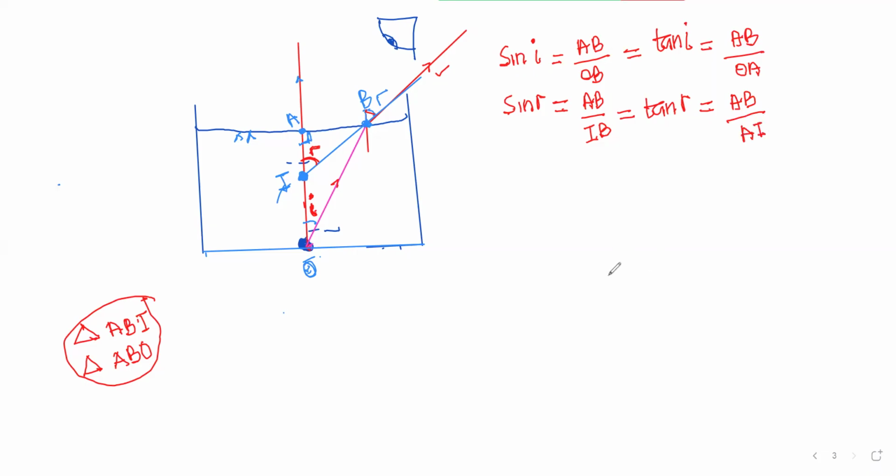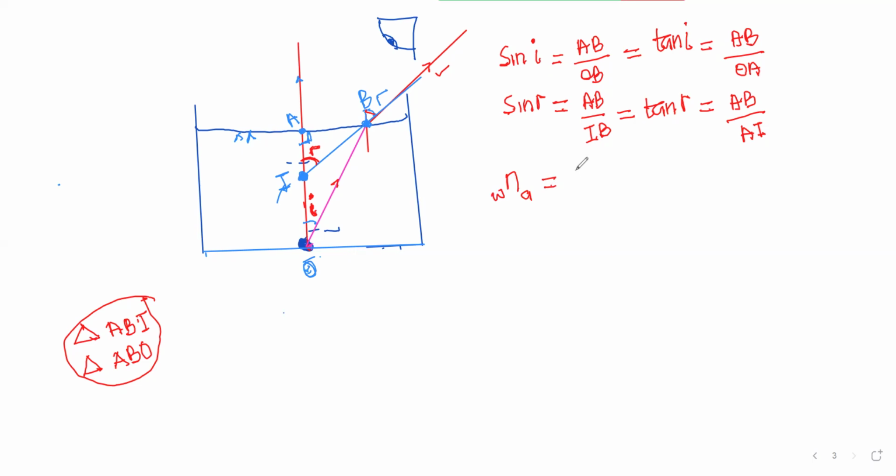Now, you see, the light is moving from a denser medium to a less dense medium. So let's look at the refractive index as light moves from water to air.